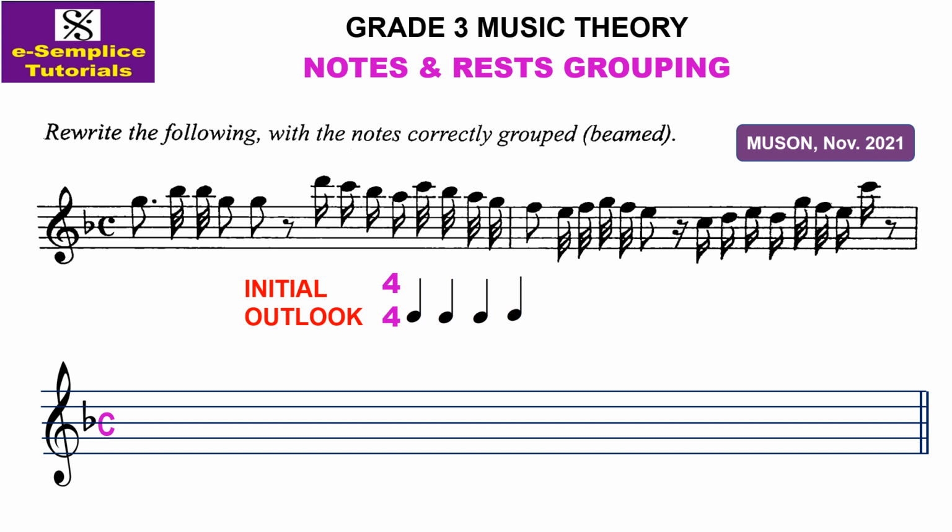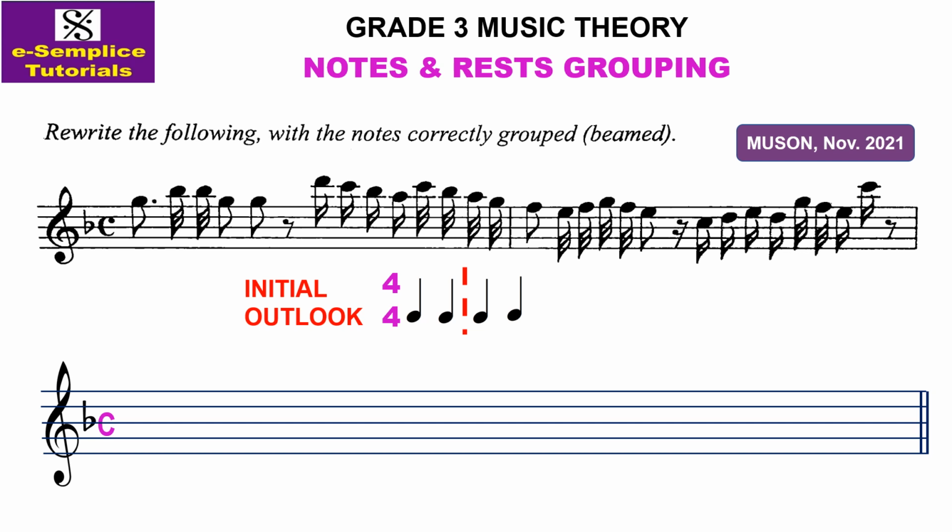And remember, for quadruples, there is a middle to the bar. So whatever you are doing in grouping these notes, ensure you do not block the middle of the bar with either a rest or a beam.